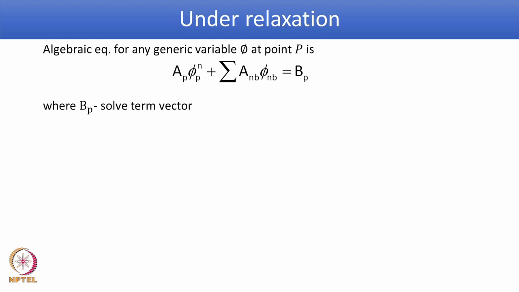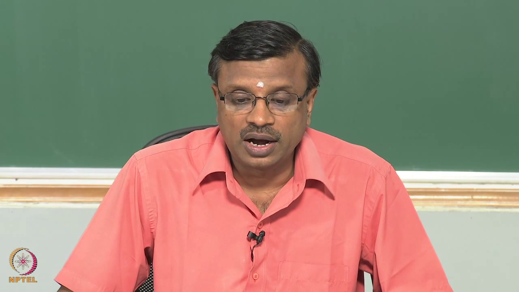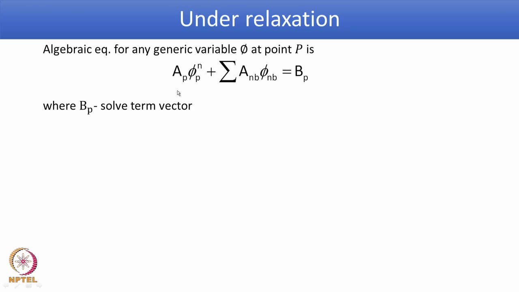We also want to learn another procedure called under relaxation. The algebraic equation for any generic variable phi, whether you follow a finite difference or finite volume method, will finally have a form as shown here: A_p phi_p^n plus neighboring node coefficients multiplying the variable equal to a known value on the right side.